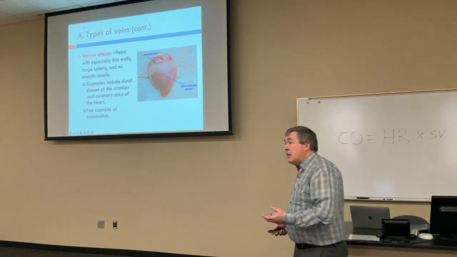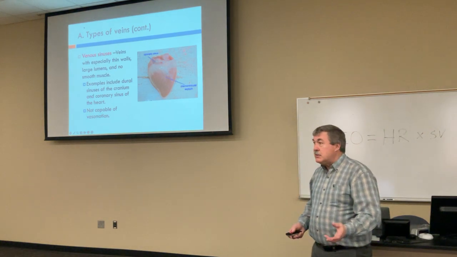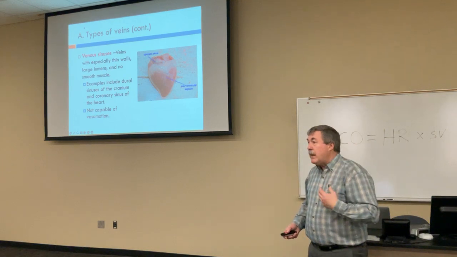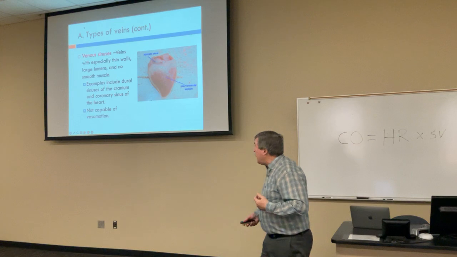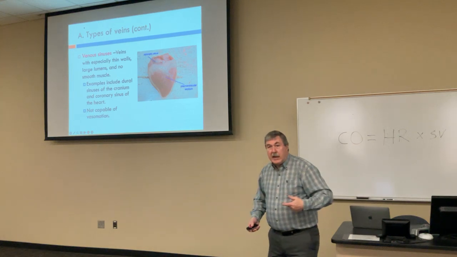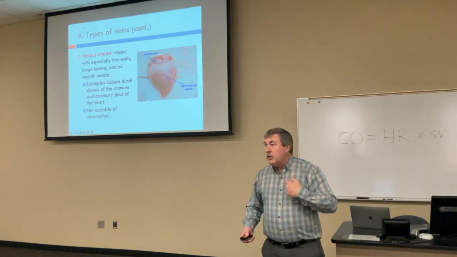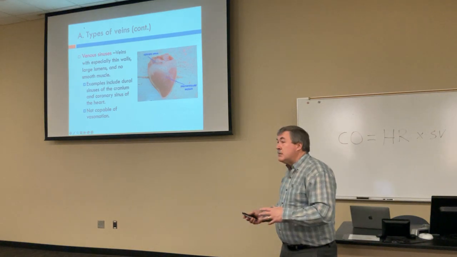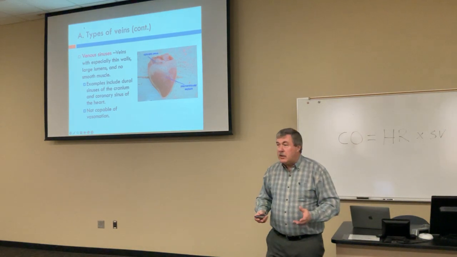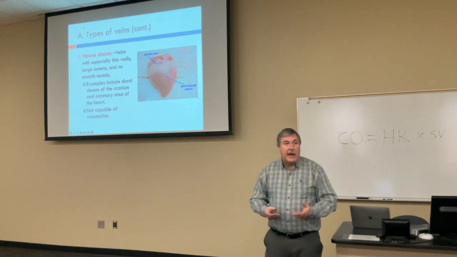Another example of sinuses is the dural sinuses surrounding your brain that receive blood that's returned from the brain, and then blood from those dural sinuses eventually goes down through the internal jugular vein. The sinuses don't have smooth muscle in their walls, so their diameter can't be changed.